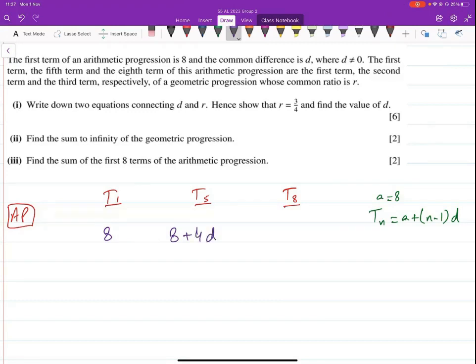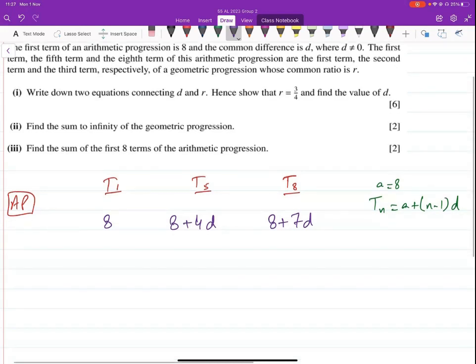So that's 4D. And similarly for term number 8, 8 is the first term, n is 8, so 8 minus 1, which is 7, 7 times D. That's the 8th term of the AP. Is this fine?